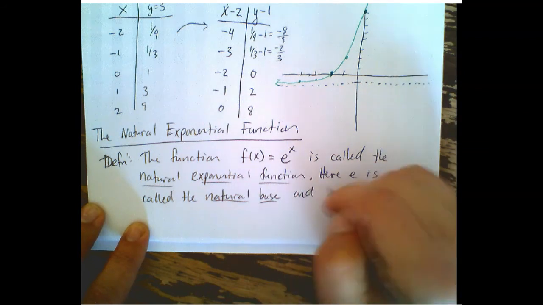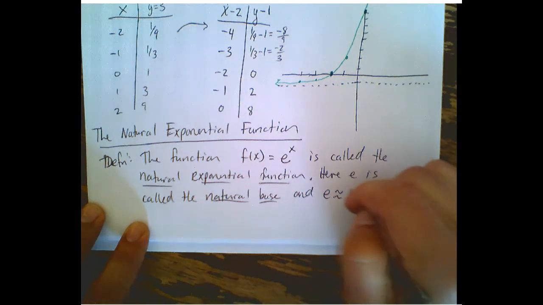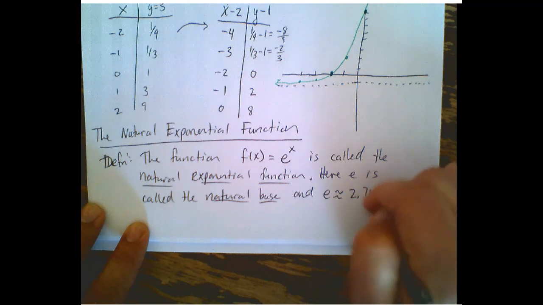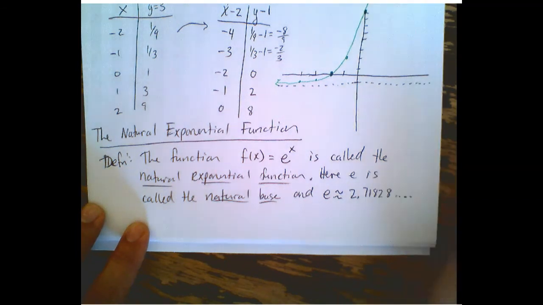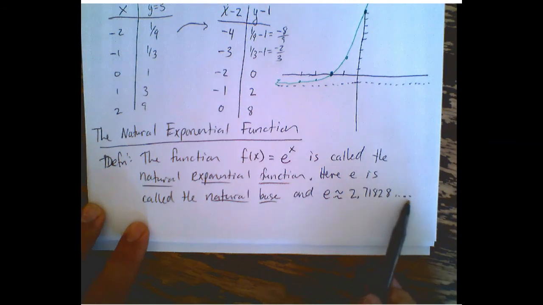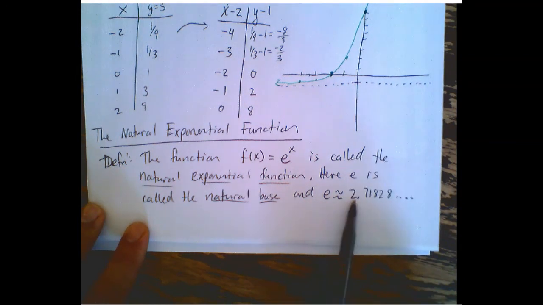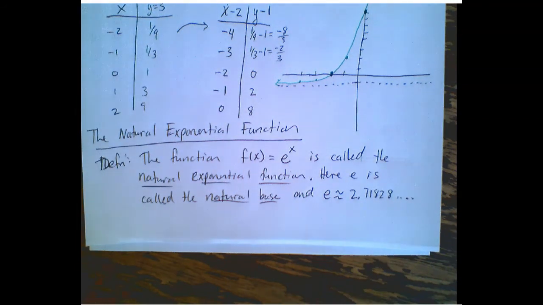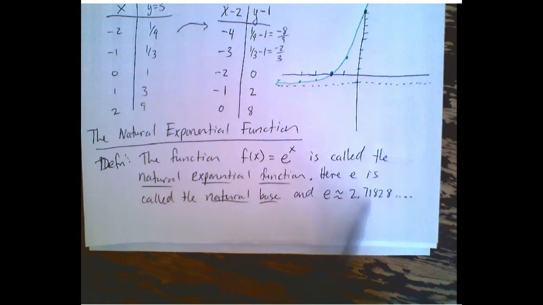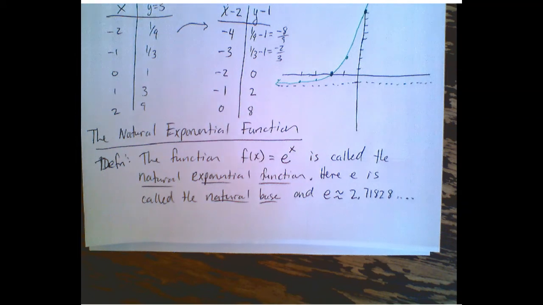And e is approximately equal to 2.71828. This is an irrational number, so the decimal points just continue, kind of like pi. But this value is approximately equal to this number here. So we can graph values for the natural exponential as well.